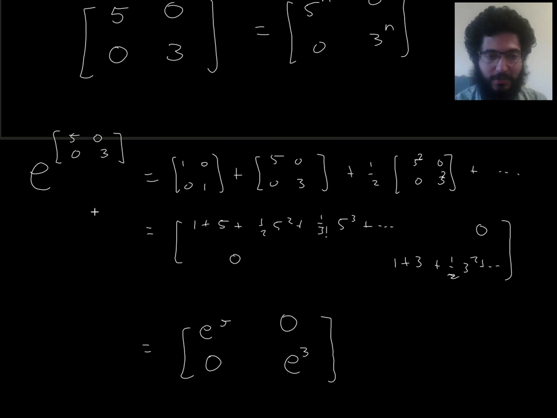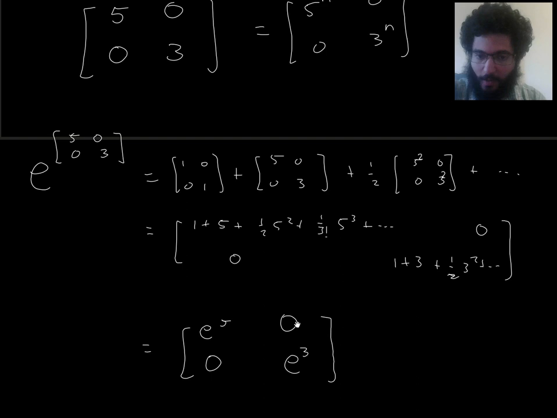So look what we have discovered. It doesn't really matter that these numbers were 5 and 3. What mattered is just that the matrix is diagonal. E to a diagonal matrix is something you can compute very easily. It's just another diagonal matrix with the individual entries on the diagonal exponentiated. So to exponentiate a diagonal matrix, just exponentiate the entries along the diagonal.